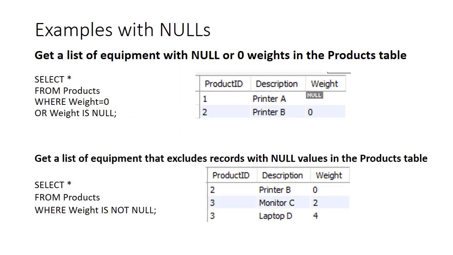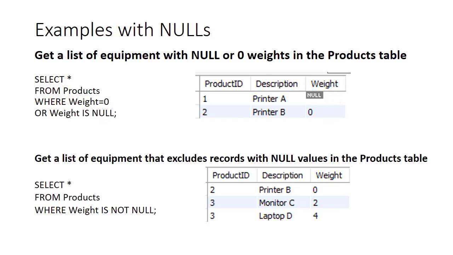Some examples with nulls. Say we want to get a list of equipment. This is using the products table with null or 0 weights. So we have a where clause where we specify weight equals 0 or weight is null. So just note printer A has a null weight, printer B has a 0 weight.